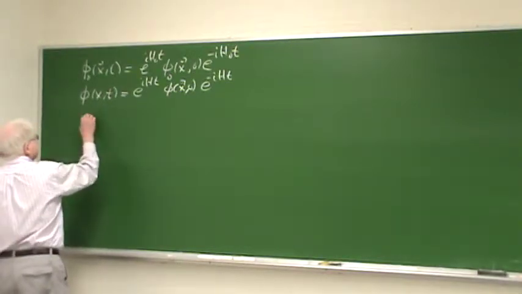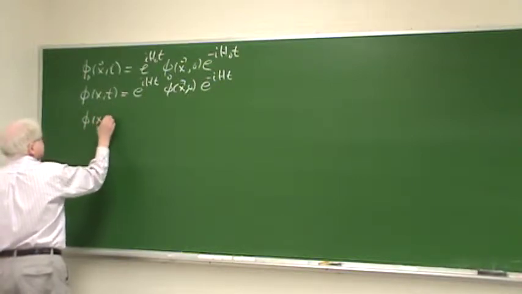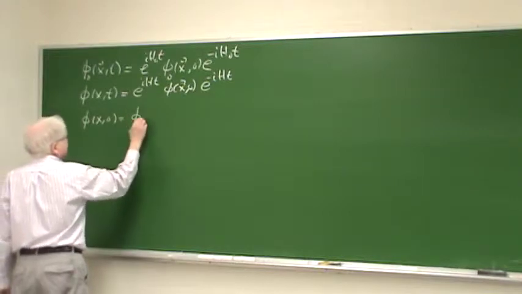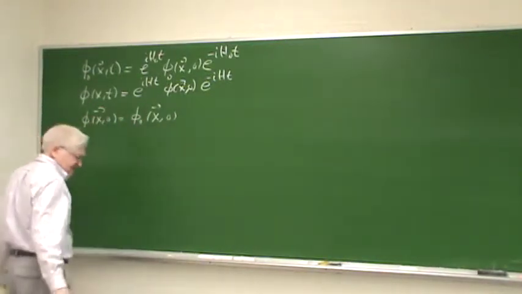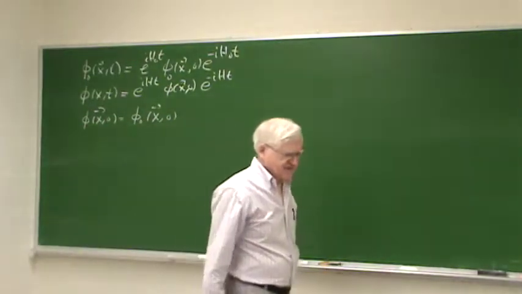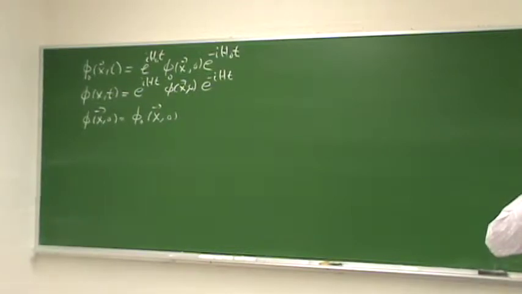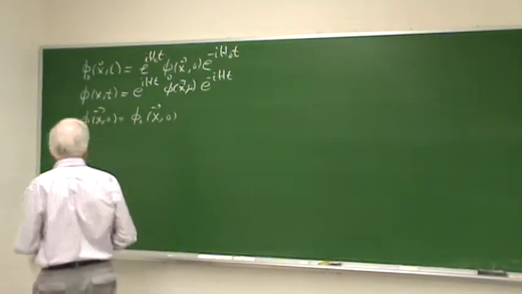What we normally say is that phi of x and 0 is the same thing as phi 0 of x and 0. In other words, the idea is that the free field and the interacting field, we imagine that they're the same at some time, time 0, at least in the simplest way of looking at things.